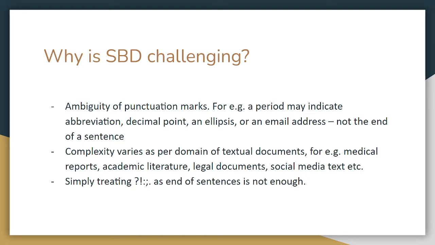That is, if the text is from medical reports or legal documents or academic literature or social media text, etc. In such cases, simply writing rules that consider splitting at these punctuations, question mark, exclamation, colon, semicolon, and period, is not enough.